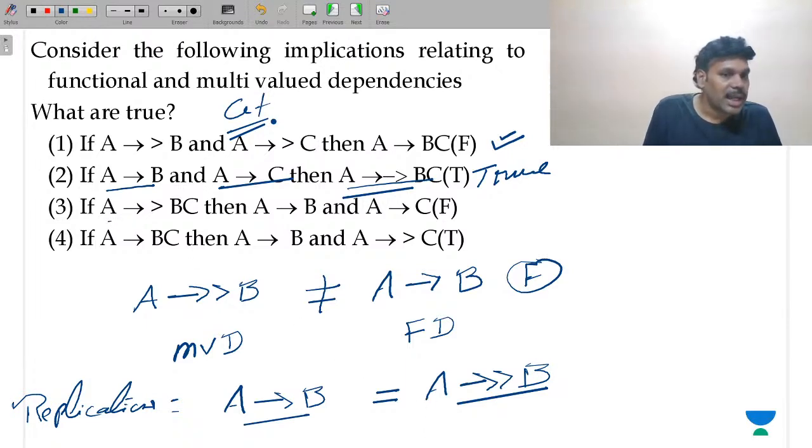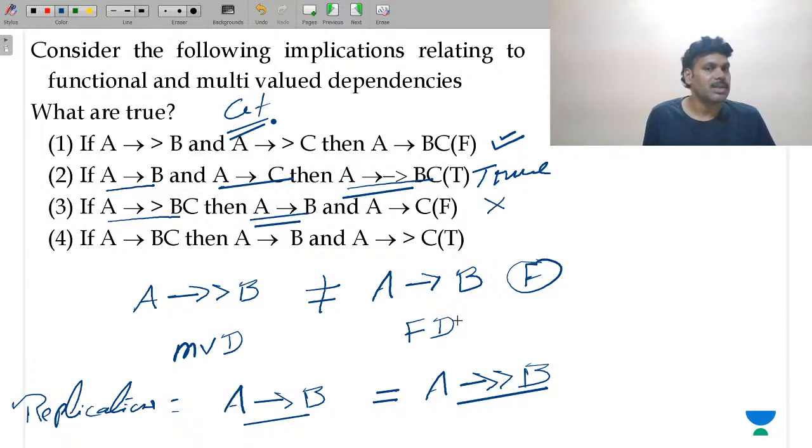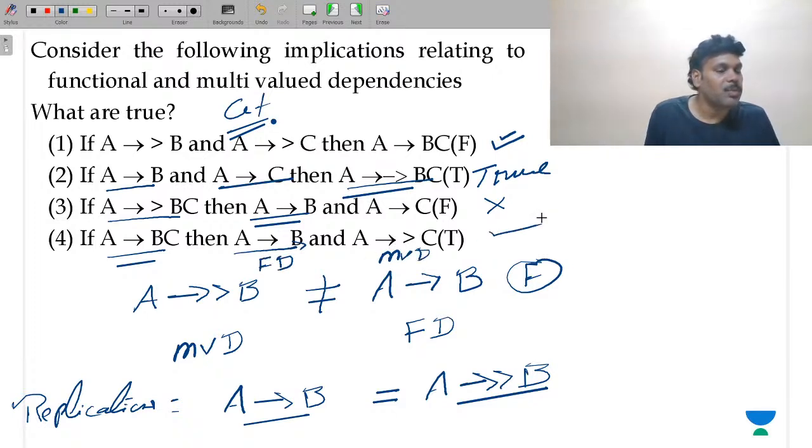And next one, A implies BC. I cannot write it like this because MVD cannot be a functional dependency. But the next one you can write like this. What is that? A implies BC. I am writing it as one FD, no problem. I am writing it as one MVD, no problem.